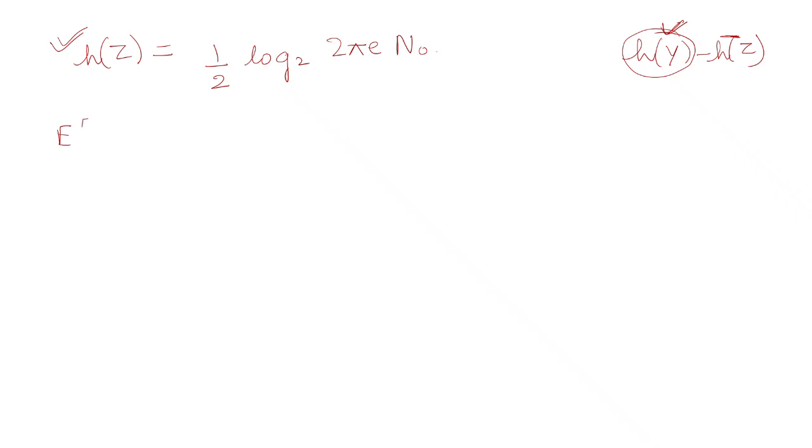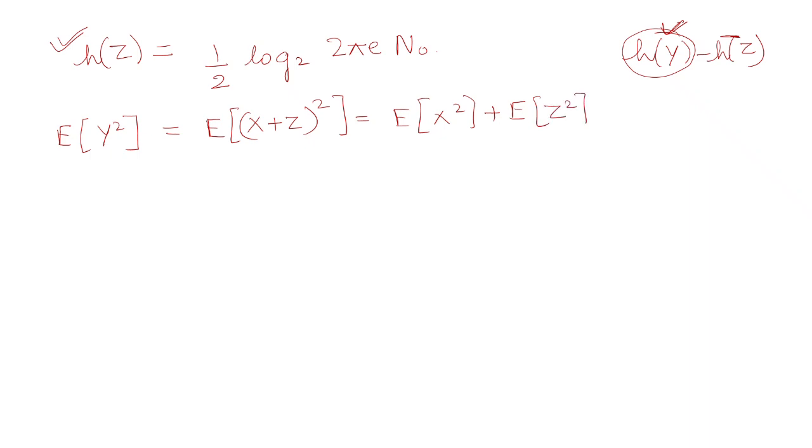So we will find out E of Y square, what is the power in Y, which can be written as expectation of X plus Z squared, which is again equal to expectation of X square plus expectation of Z square plus expectation of X and expectation of Z. Now this is equal to 0 because we have a 0 mean symbol.